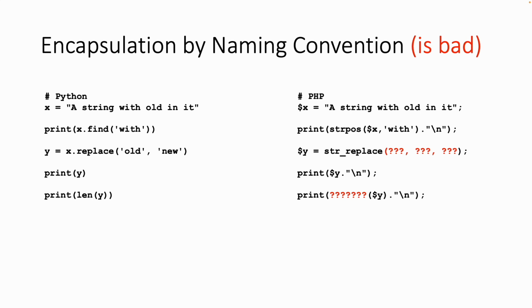So do we use underscores or do we not use underscores? And the thing that just drives me crazy is what you would expect the first, second, and third parameters of PHP str_replace to be. If I was writing it, it would be the source string, the old search string, and the new thing to replace it with.